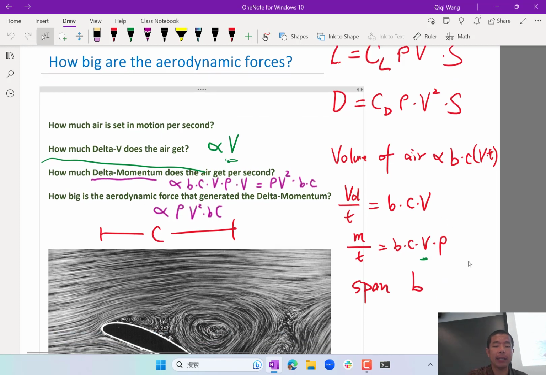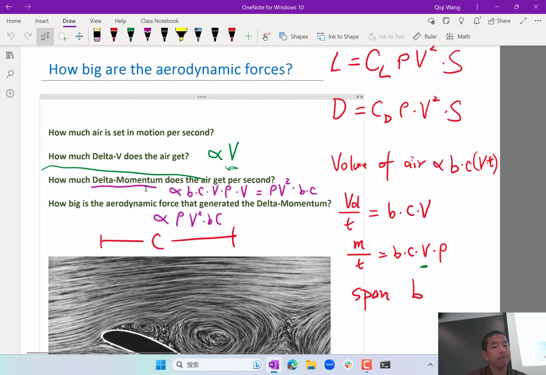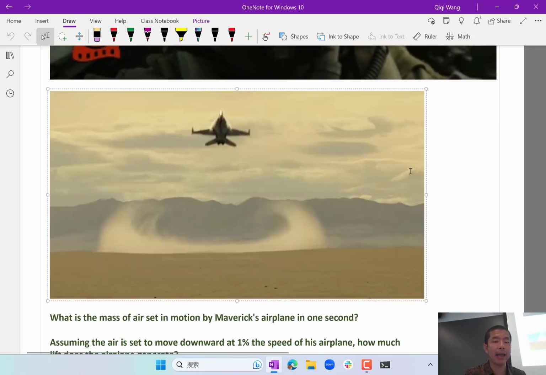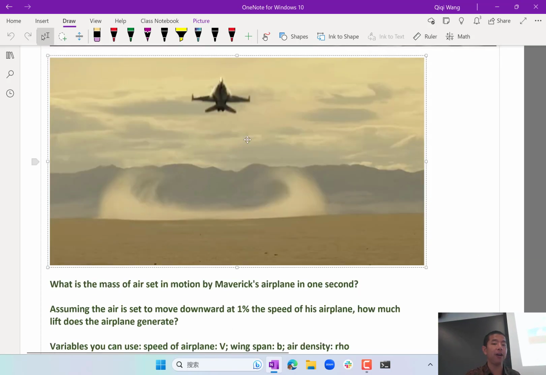We analyzed that the delta momentum is proportional to v squared, and therefore the aerodynamic forces are proportional to v squared. So let's take this specific scenario of the airplane lifting away from its flat trajectory, providing a huge centripetal force.